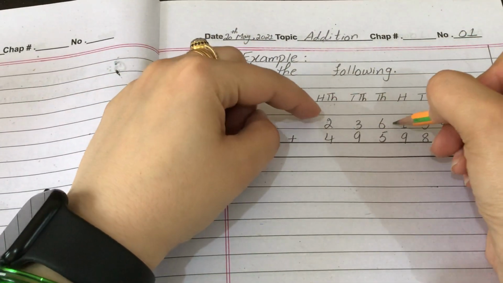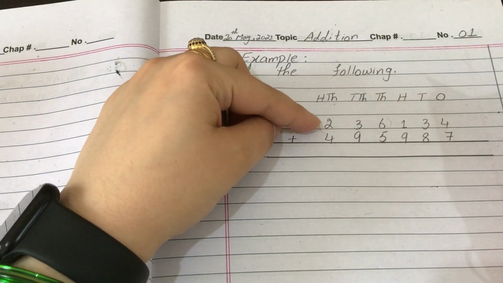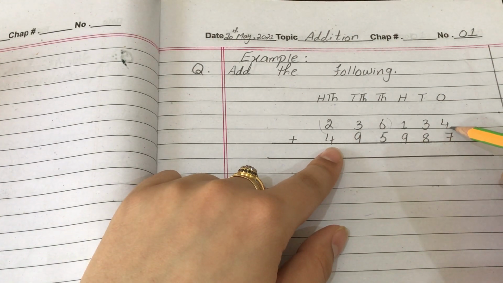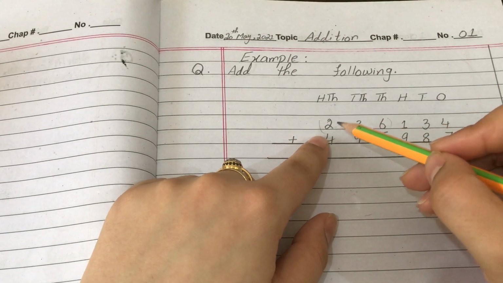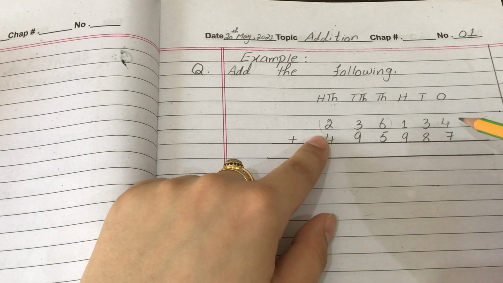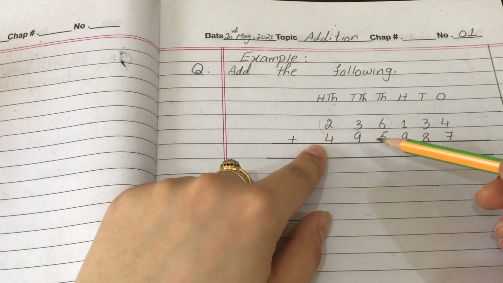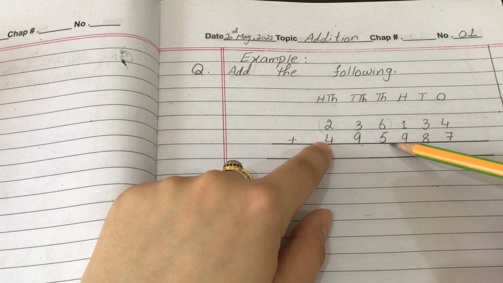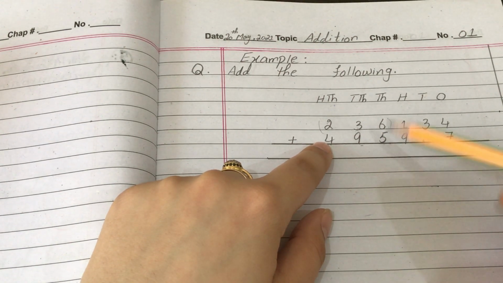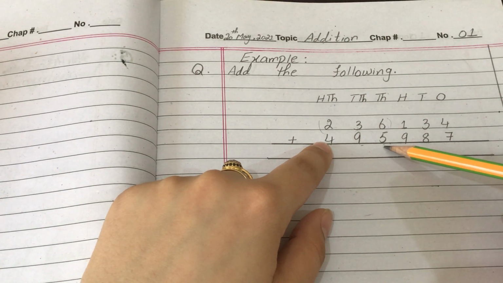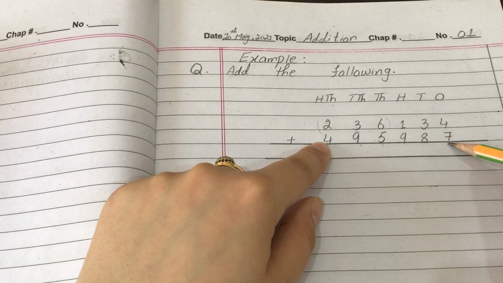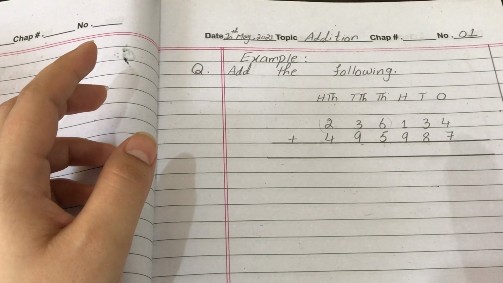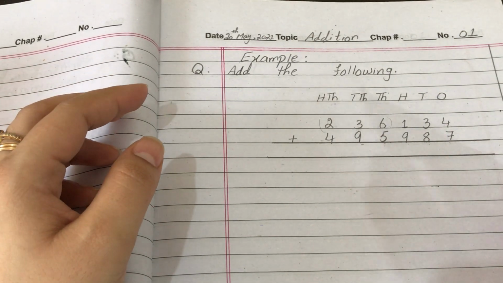These three are in the thousands place, so we will combine these with the thousands: 236 thousands and 134. So my first number is 236,134. Now my second number is 495 thousands, 495,987, right?